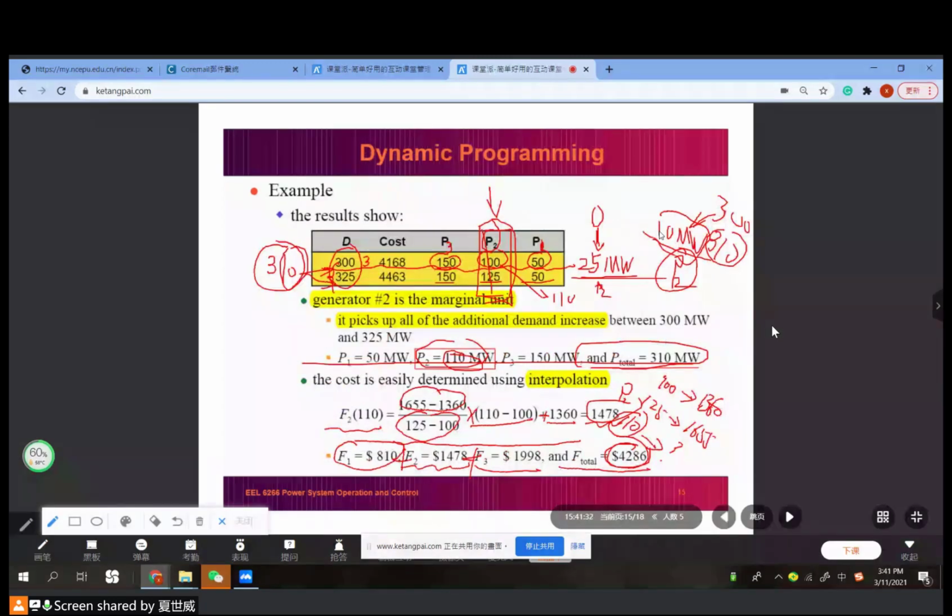Before this, we have solved economic dispatch with different kinds of algorithms. For example, the derivative-based methods, including the gradient-based, the lambda iteration method, and the Newton-Raphson method. In this class, we have learned another non-derivative-based method, dynamic programming. We showed how to solve the economic dispatch by dynamic programming.